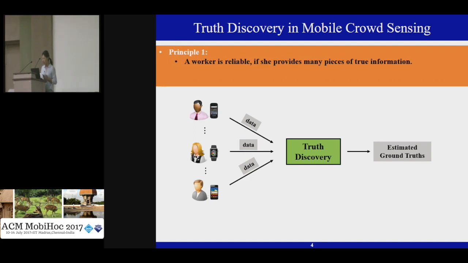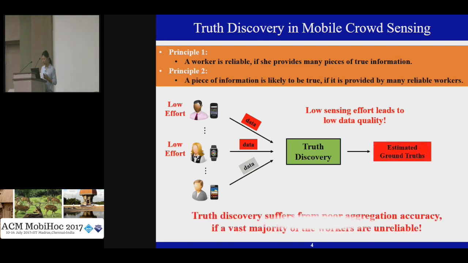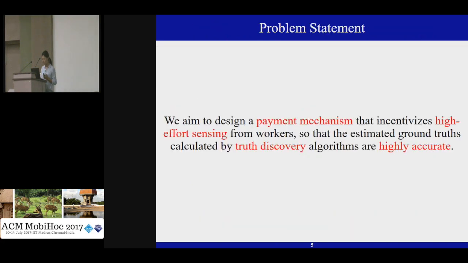However, in practice, low sensing effort leads to low data quality. Therefore, the goal of this work is to design a payment mechanism that incentivizes high-effort sensing from workers so that the estimated ground truths calculated by truth discovery algorithms are highly accurate.